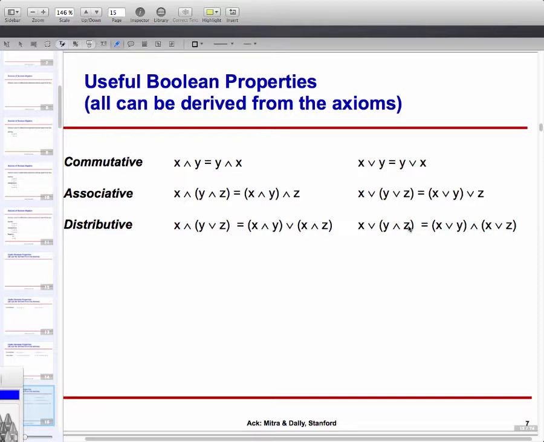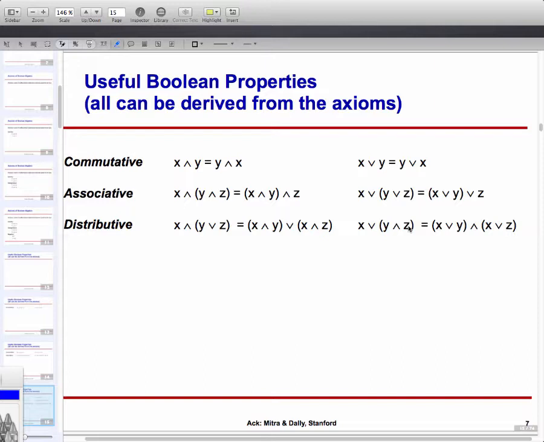Can I distribute multiplication over addition? Can I say A times (B plus C) is equal to A times B plus A times C? That's true. What about the other way around? A plus, within parentheses, B times C. Is that the same as (A plus B) times (A plus C)? It is not.